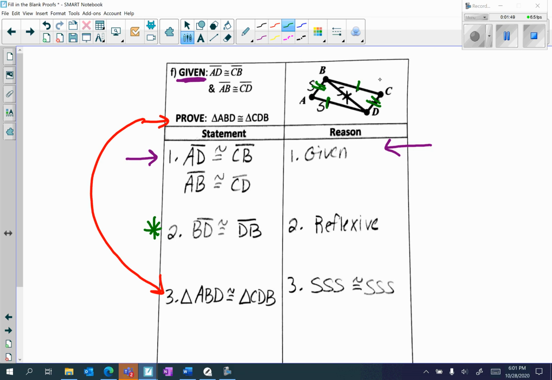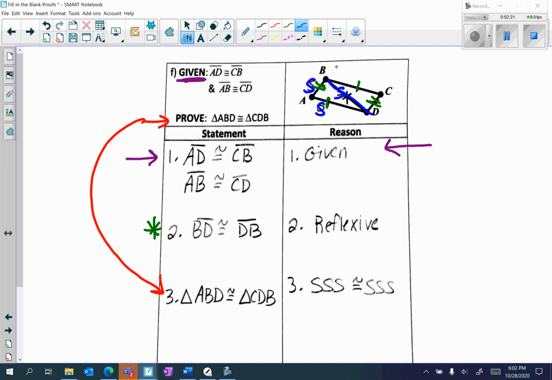Notice that in order to prove the two triangles are congruent, we have BD being shared in both triangles. So therefore, BD is congruent to DB, uses the reflexive property. I have three pieces: a side, another side, and a side. Therefore, I can prove the two triangles congruent by side, side, side congruent to side, side, side. That is a full and complete proof.